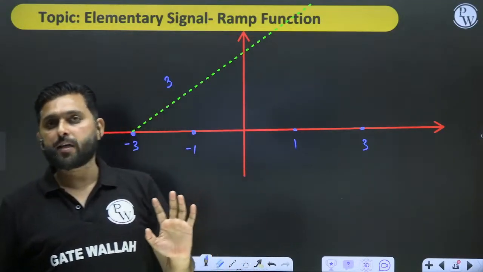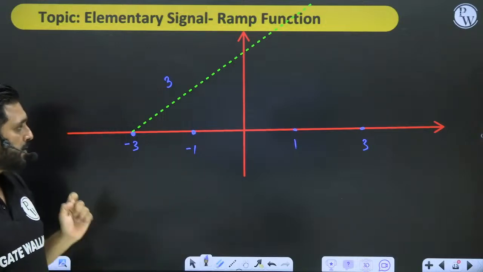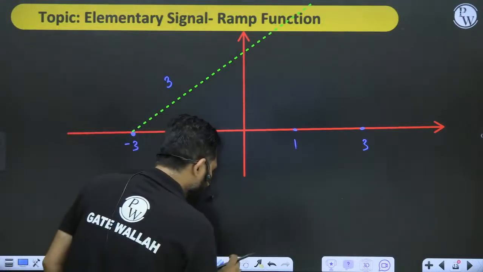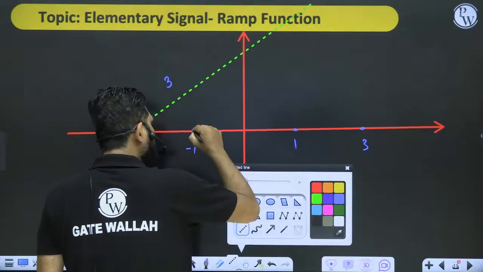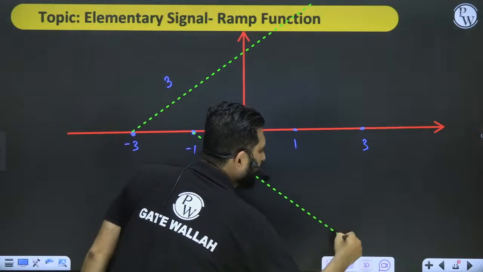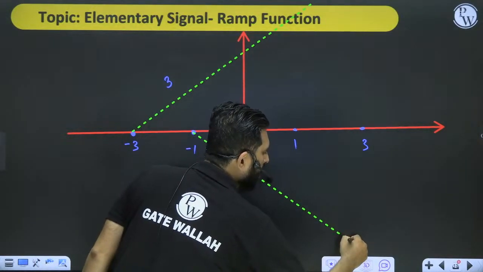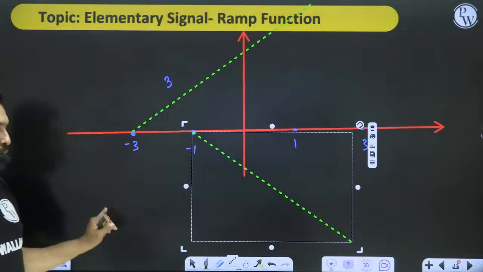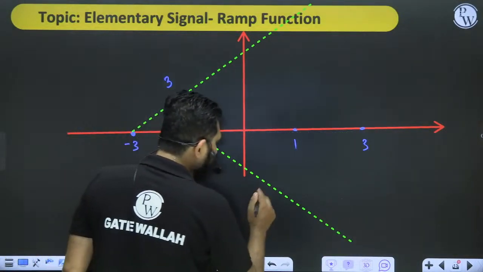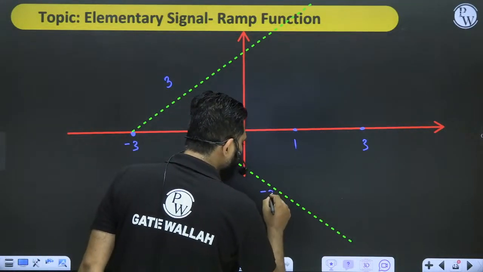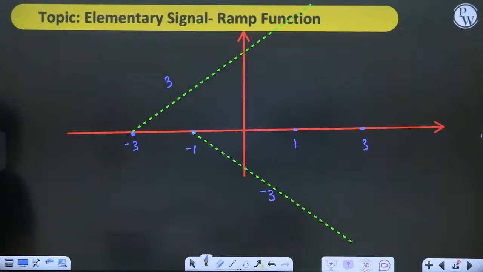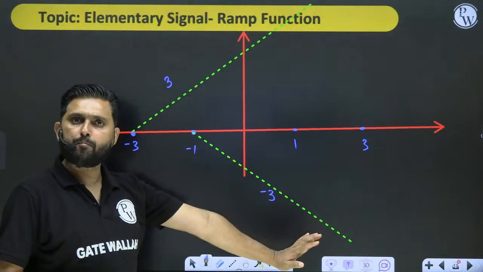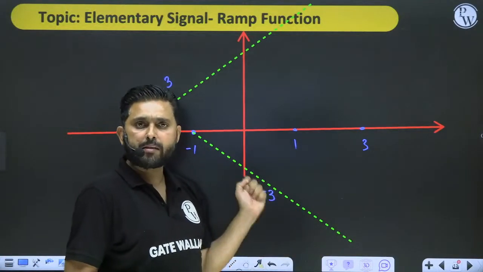What I'm doing is that, see here, at -1, let's take another ramp of -3 slope. I am adding a negative -3 ramp at -1.